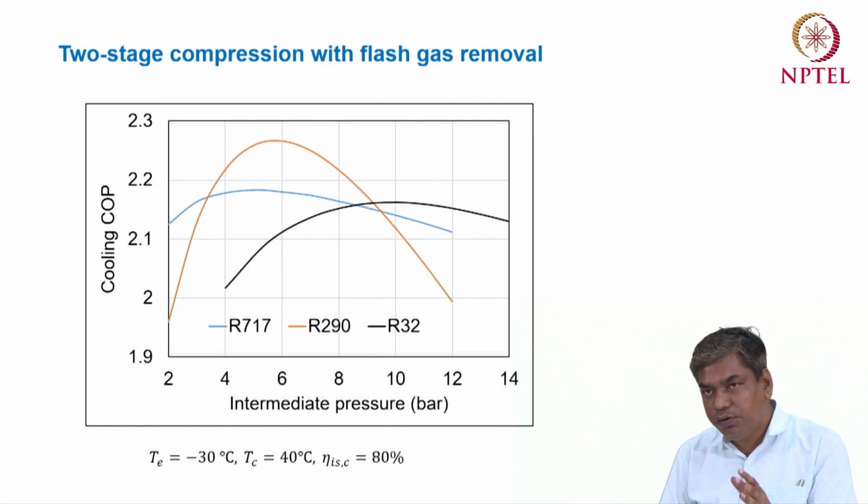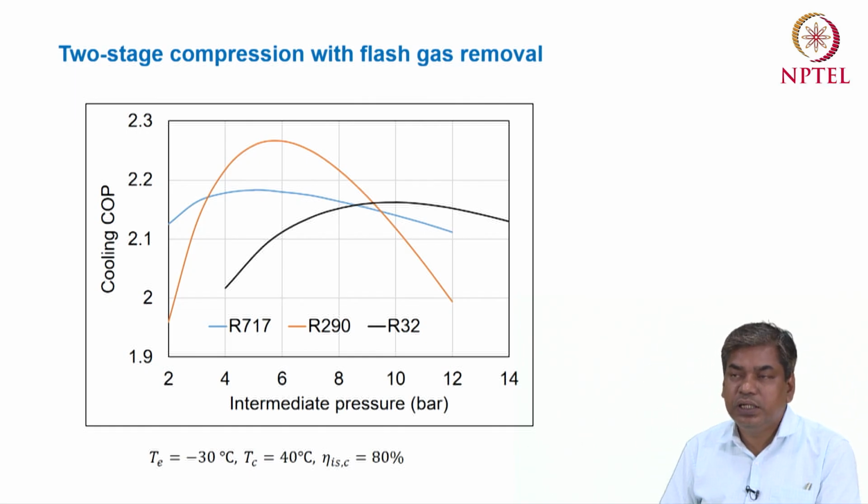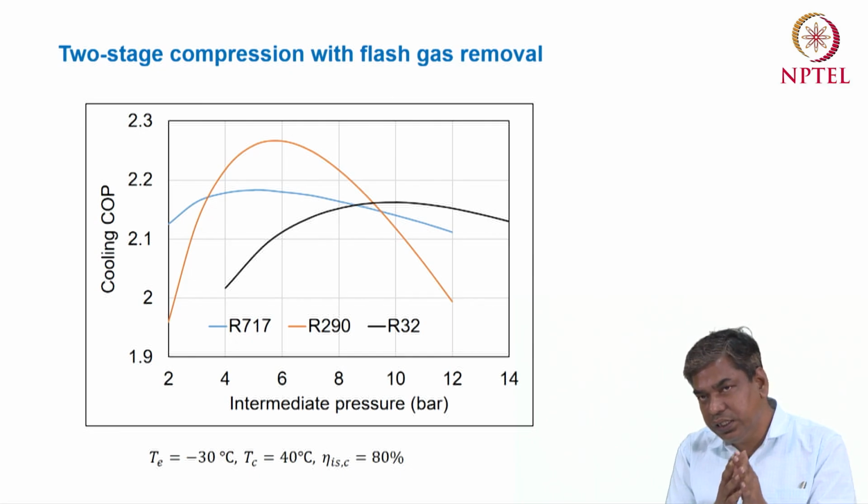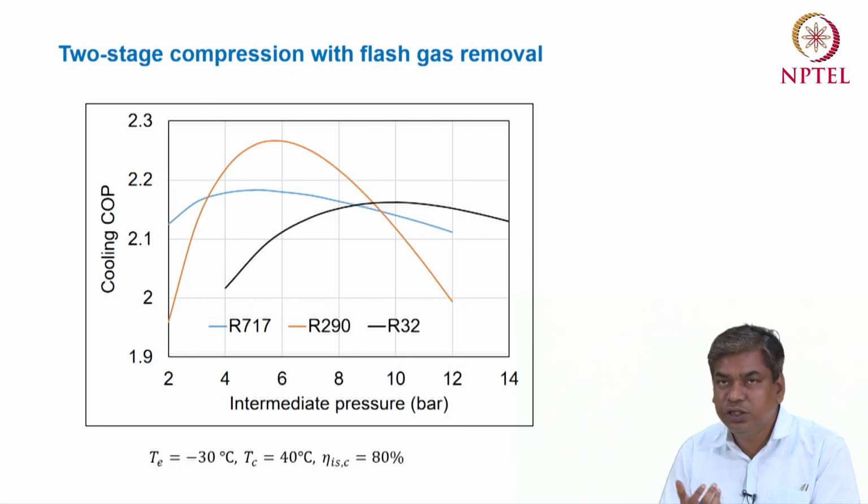Then the combined compressor work variation may not be monotonous. The total compressor work may decrease first and then increase, so we may get some minimum compressor work at some intermediate pressure.